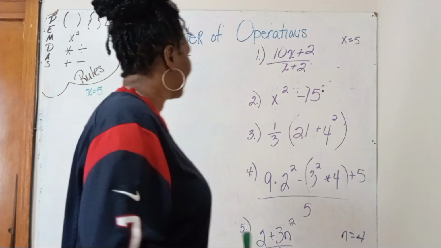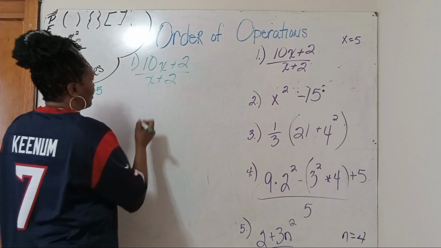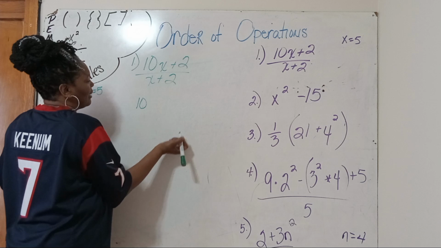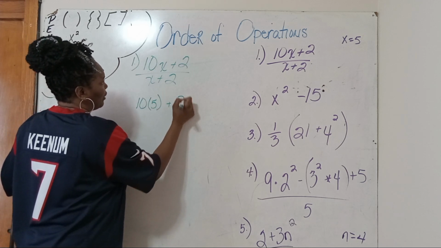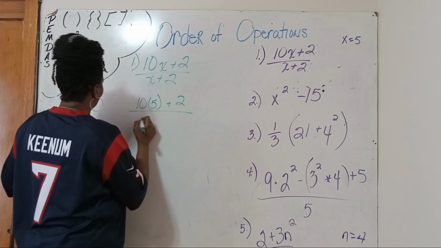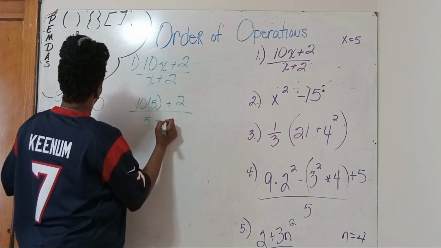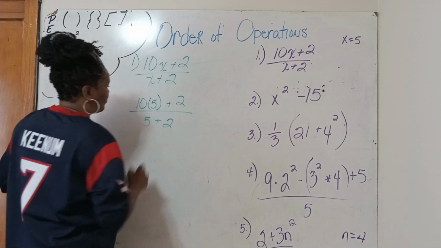So let's do what we know to do. We have 10 times 5 plus 2 over 5 plus 2.